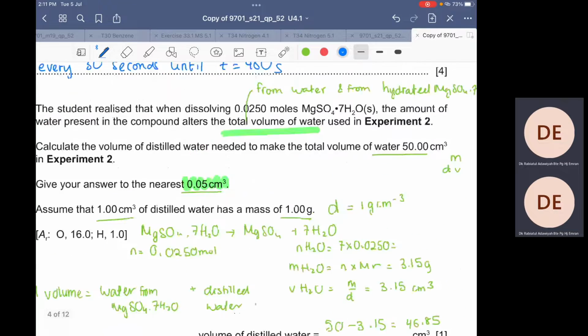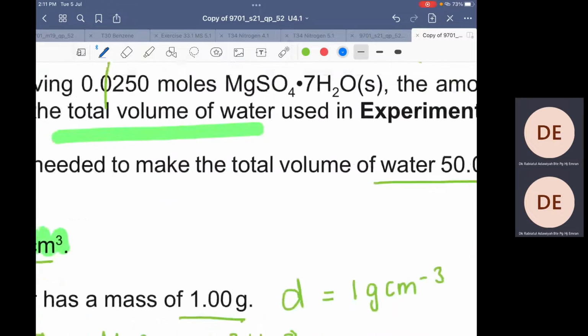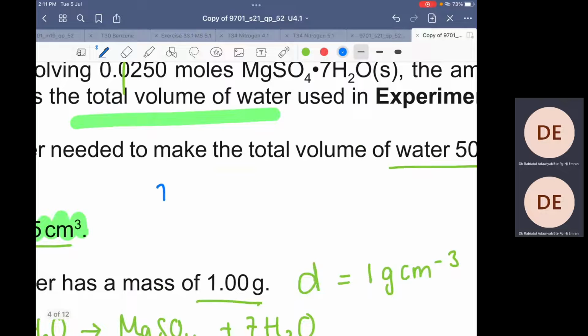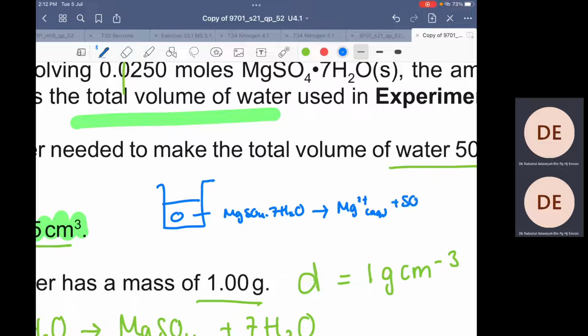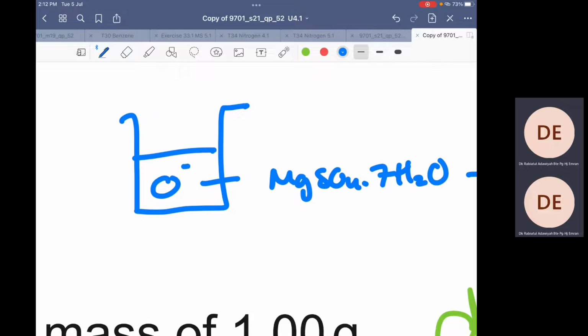So that means, if I draw a diagram, when you add, say, the solid magnesium sulfate, they will also give out Mg2+. So this is what happens actually, SO4 2- plus 7H2O. So this solid, after it dissolves, it will give out 7H2O.